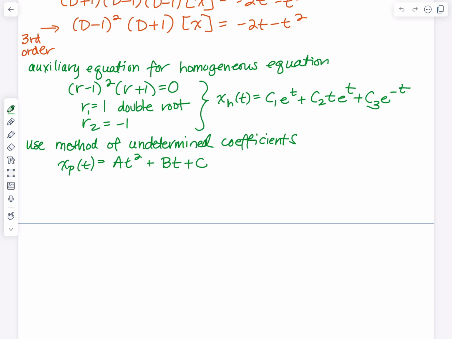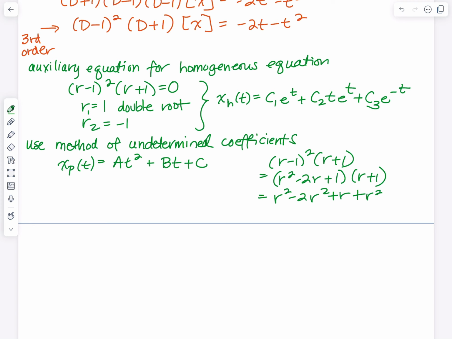We have, let's rewrite that as, I guess we'll just go ahead and keep that. And that's equal to r squared minus 2r plus 1 multiplied by r plus 1. And we have r cubed minus 2r squared plus r, squared minus 2r plus 1.